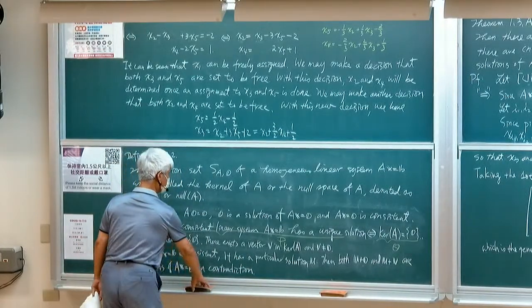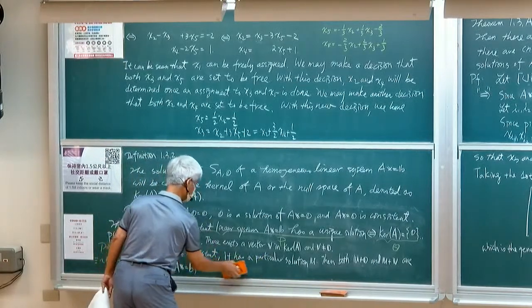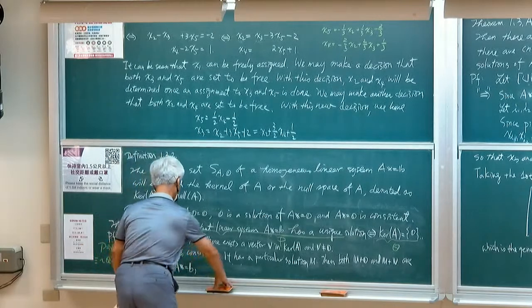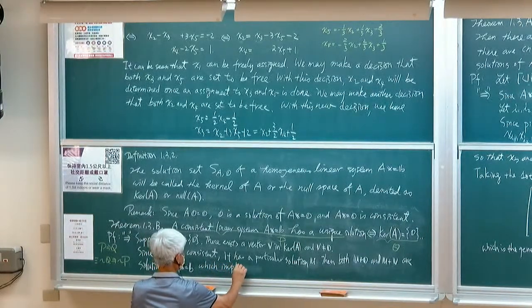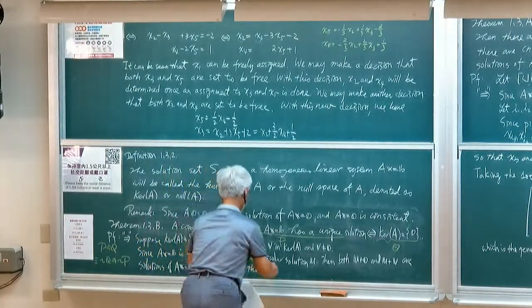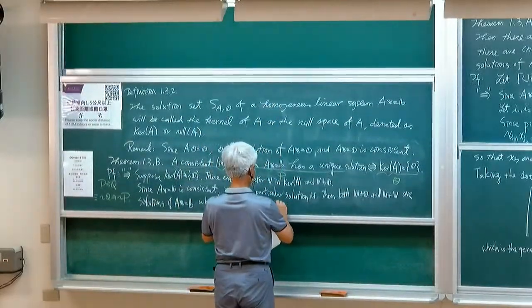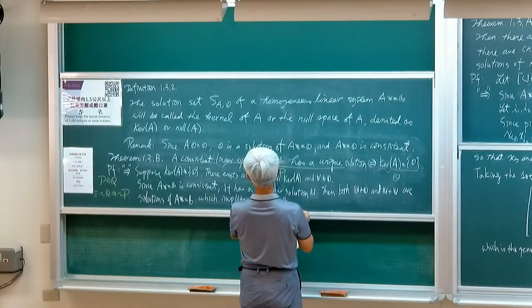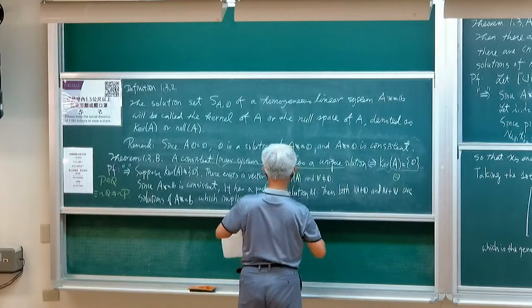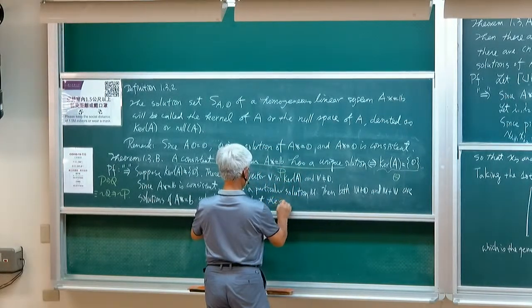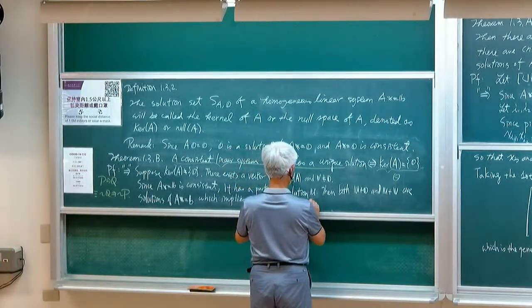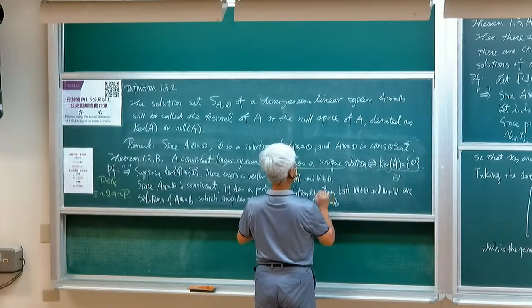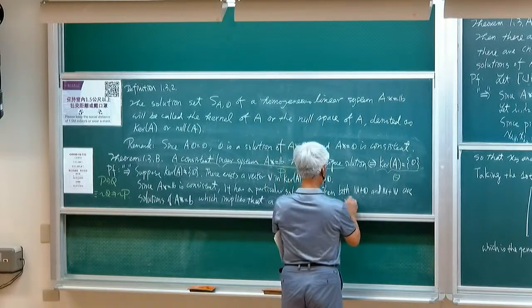Okay, but that implies that the solution of Ax equal to B is not unique.